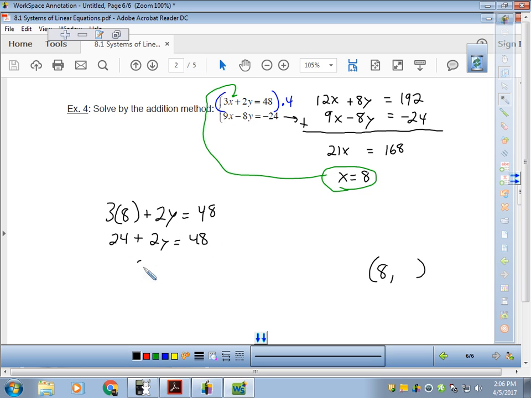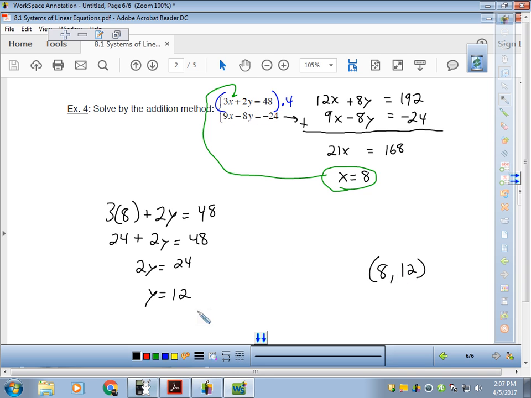Subtract the 24 across, so 2y equals 48 minus 24, which is 24. And then divide both sides by 2, and you get y equals 12. So my solution looks like it is 8 comma 12.